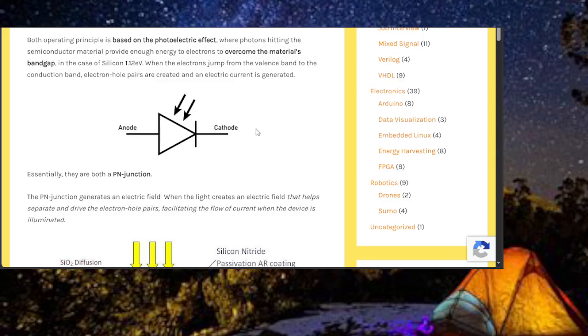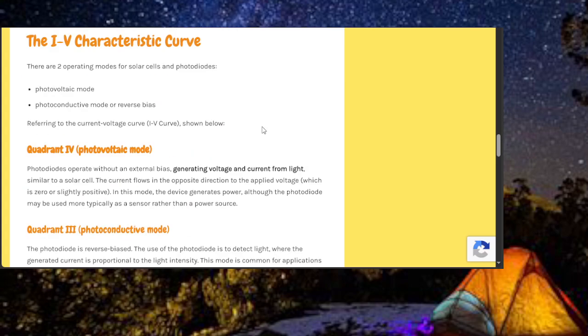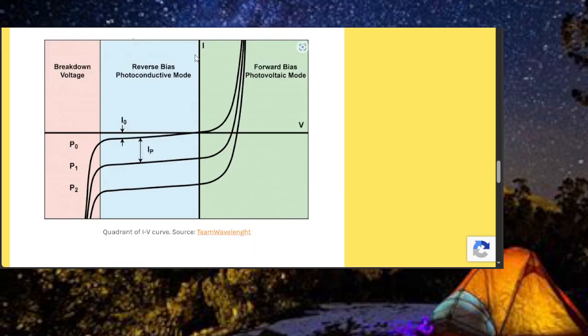So there's a certain amount of current that goes through here, and if we skip down to the bottom of this page, there's a diagram. This diagram shows you the current going through the diode, depending on which mode it's operating in, and what the curves look like. The forward bias mode on the right hand side is when the LED lights up, and it is also kind of non-linear, so you have to be careful when you crank up the voltage. On the far left hand side, we have what's called the breakdown voltage.